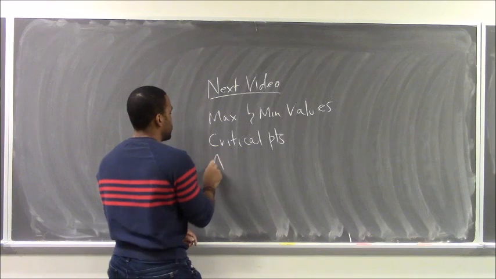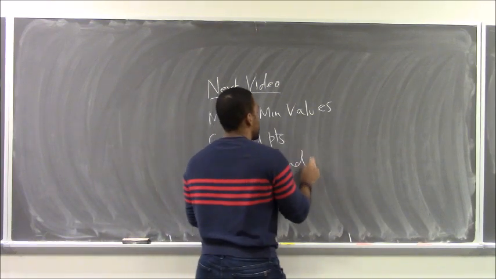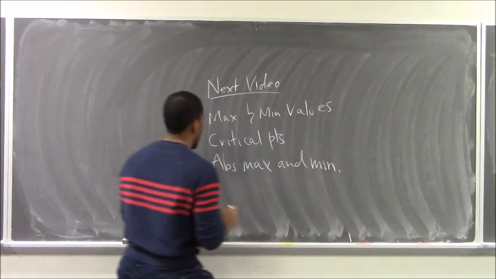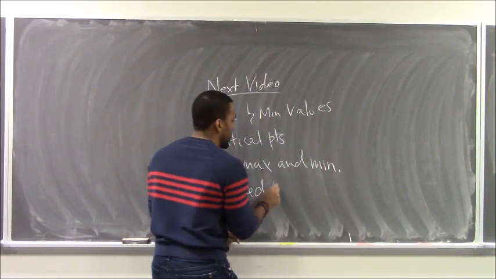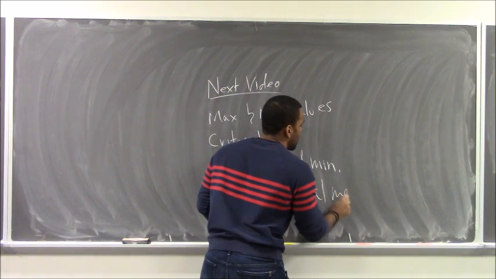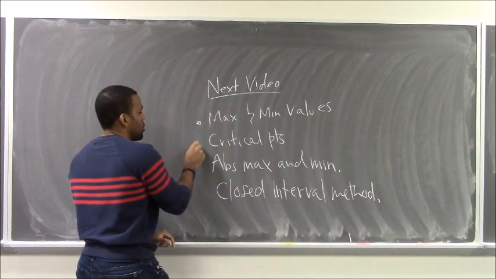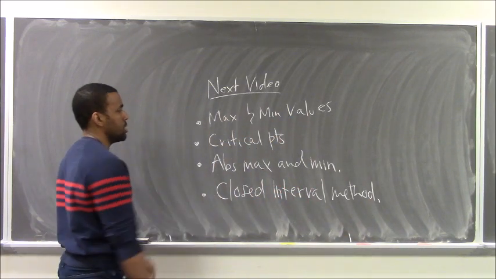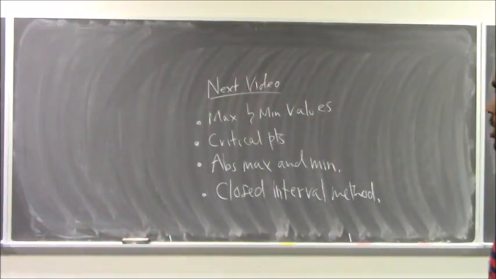I'll talk about absolute maximum and minimums. And the closed interval method, which just tells you how to identify absolute maximum and minimums. So I think that's a good deal of things to cover for the next lecture.